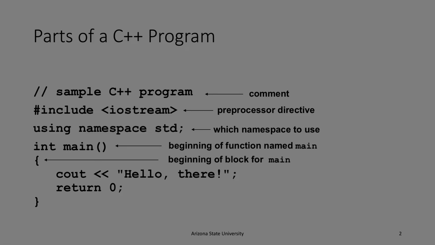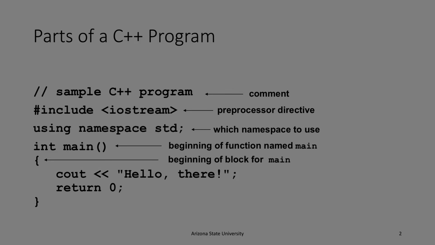Whenever you have a function, you always open it with an open curly brace. It does not have to be on a new line, but in this case it is. And then at the very end of every function, you have a close curly brace.